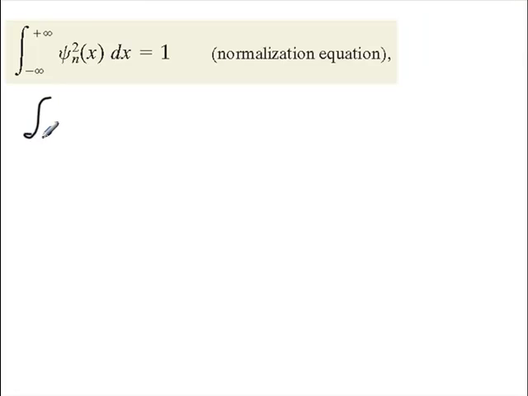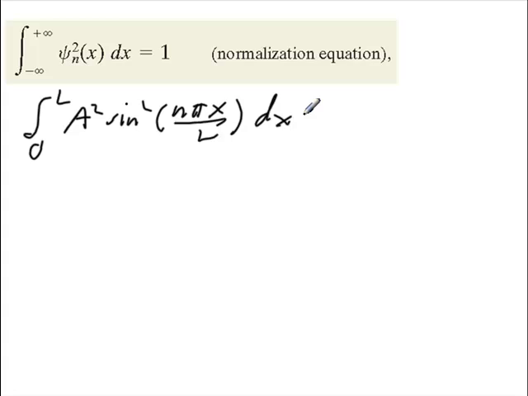Well, if we take that condition, in general it's an integral from negative infinity to infinity, but in our case, the particle only exists between 0 and L. So the integral from 0 to L of A squared sine squared of n pi x over L dx had better equal 1.